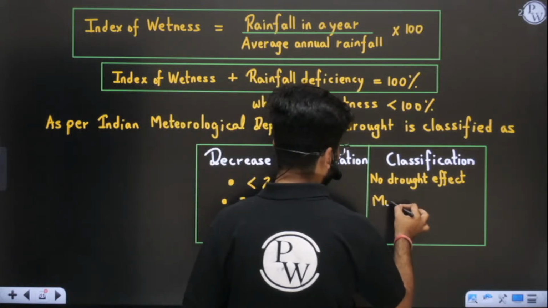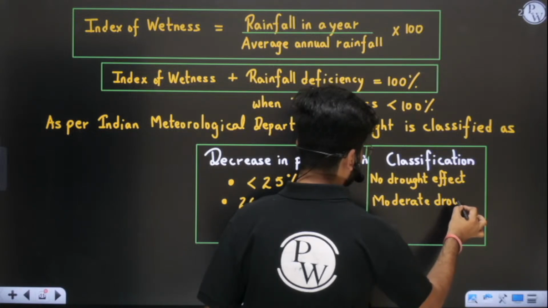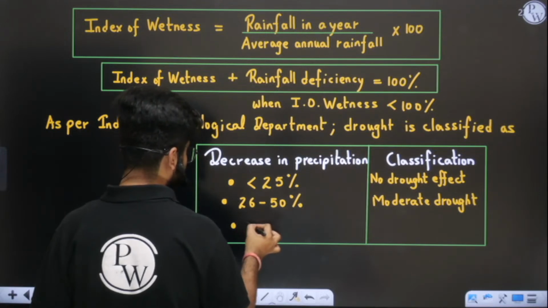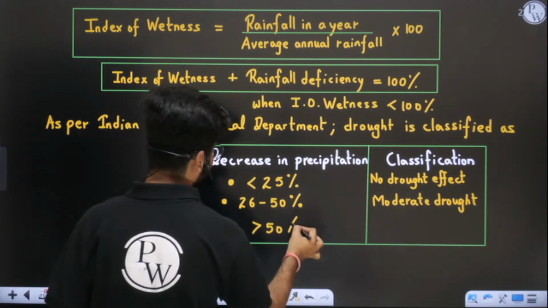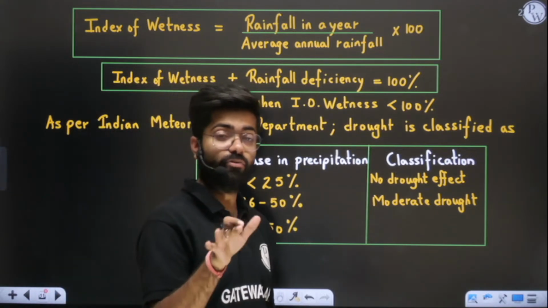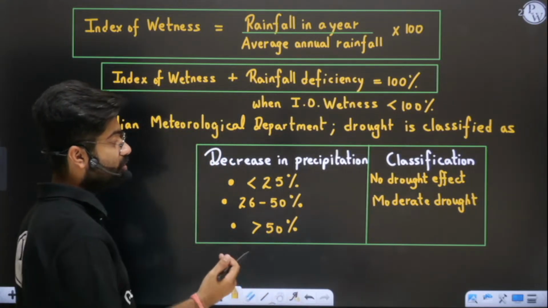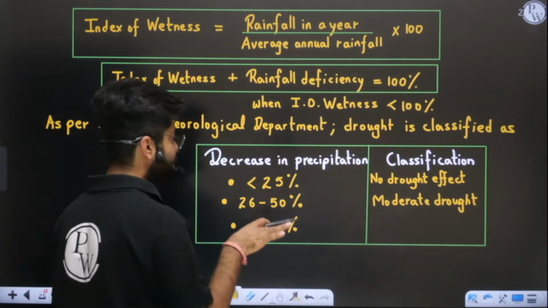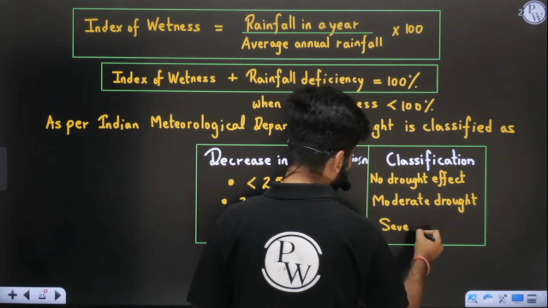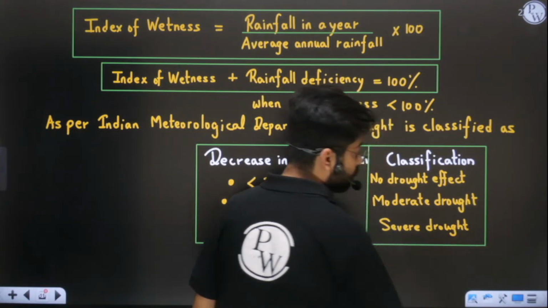If decrease in precipitation in a given year is more than 50%, this is severe. Generally, half of the average annual rainfall or even less than half has been received in this year. So obviously it is a severe drought. I hope this is clear.